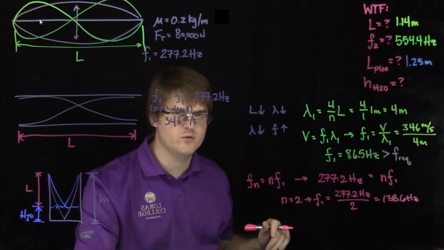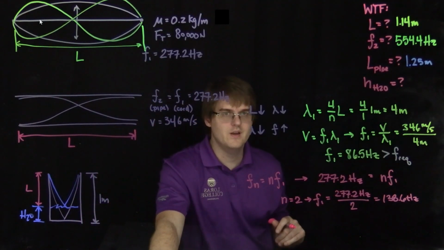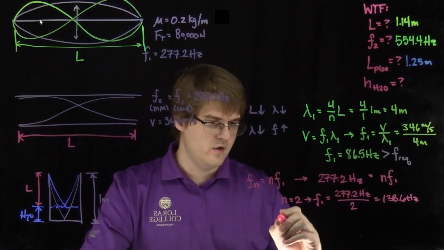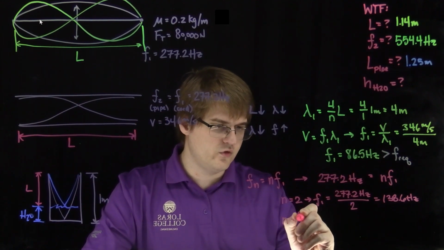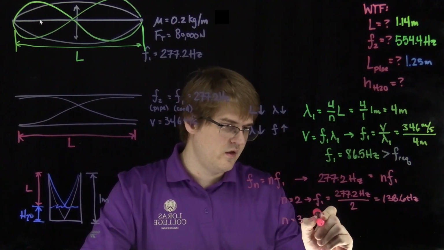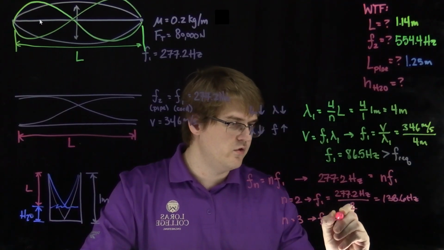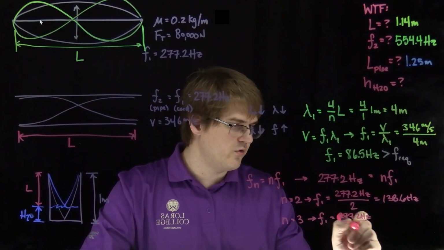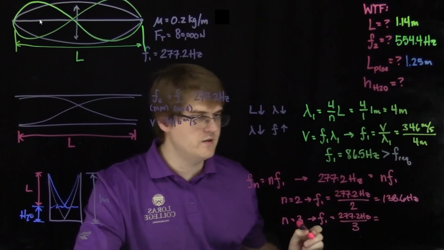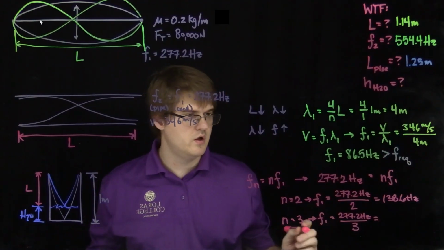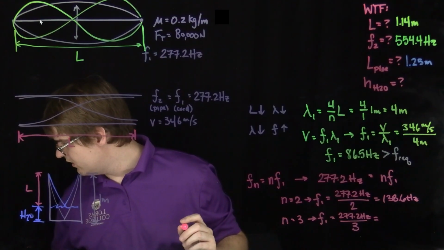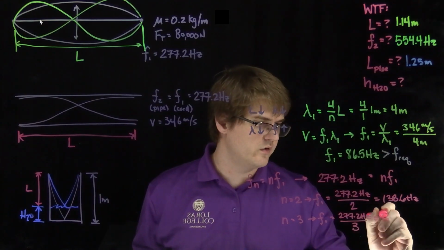If we wanted to use n equals 1 and we wanted to use 277, that would work, but we'd have to add more water. So we want to add the least amount of water possible. So let's check n equals 3. In that case, F1 is going to be equal to 277.2 hertz divided by 3, which comes out to 46.2 hertz.